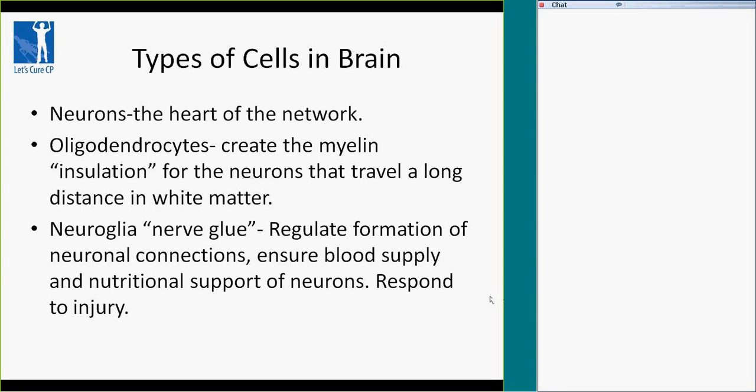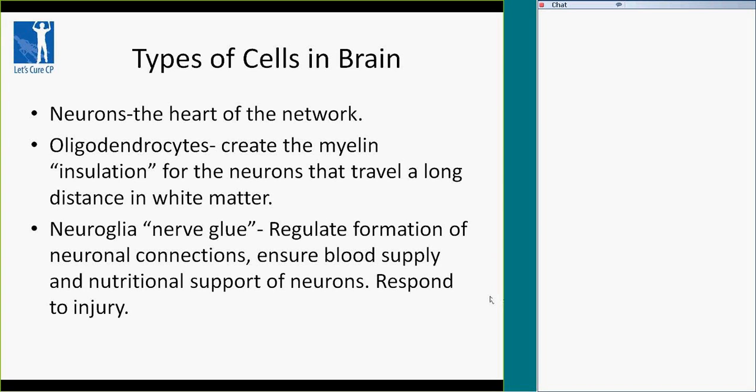If two neurons that aren't next to each other need to communicate, then they have to transmit their messages along the axon, which is that long string you see sticking off of neurons in photos, and I'll show you one of those in a moment. But those require insulation. They make the information, the signal impulse, travel faster down the axon. And the oligodendrocytes produce the material that allows for that. That's the myelin.